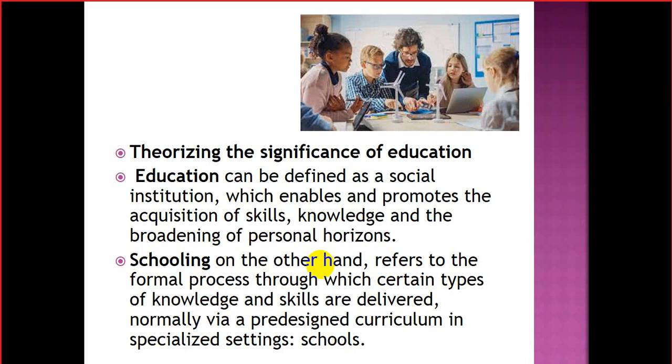Schooling, on the other hand, refers to the formal process through which certain types of knowledge and skills are delivered, normally via a pre-designed curriculum and specialized settings, schools. And schooling in most countries is typically divided into stages such as primary and secondary schools.